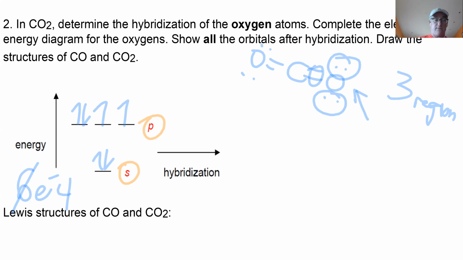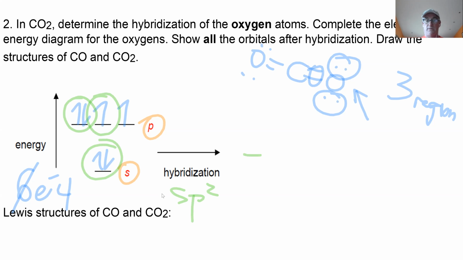So I take 1, 2, 3, which means sp2. So I have 1 s and 2 p. So I'm going to put them here. 1, 2, 3. So higher, and remember, this will be important later. Higher energy than S, lower energy than P. So these are my sp2.